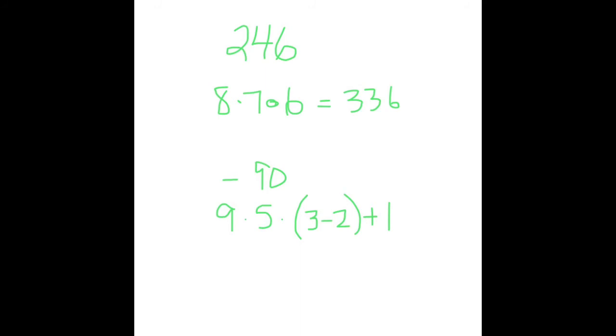Let's see. No, let's do this. That's not going to work. What if I put the 1 here? So 9 times 5 is 45. Times 2 is 90. So I have 1. I'm missing a 2 and a 4.